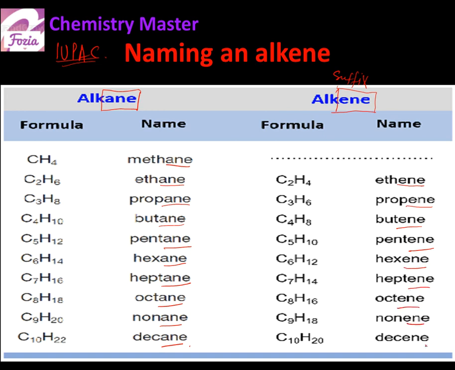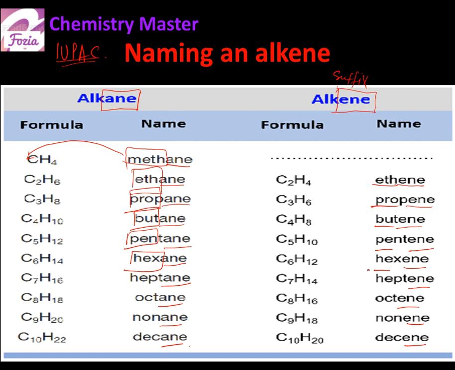Now I repeat one more thing: the prefixes used to name alkanes were eth, prop, but, pent, hex and so on, on the basis of carbon numbers present in the compound, and the same prefixes will be used in alkenes: eth, prop, but, pent and so on.